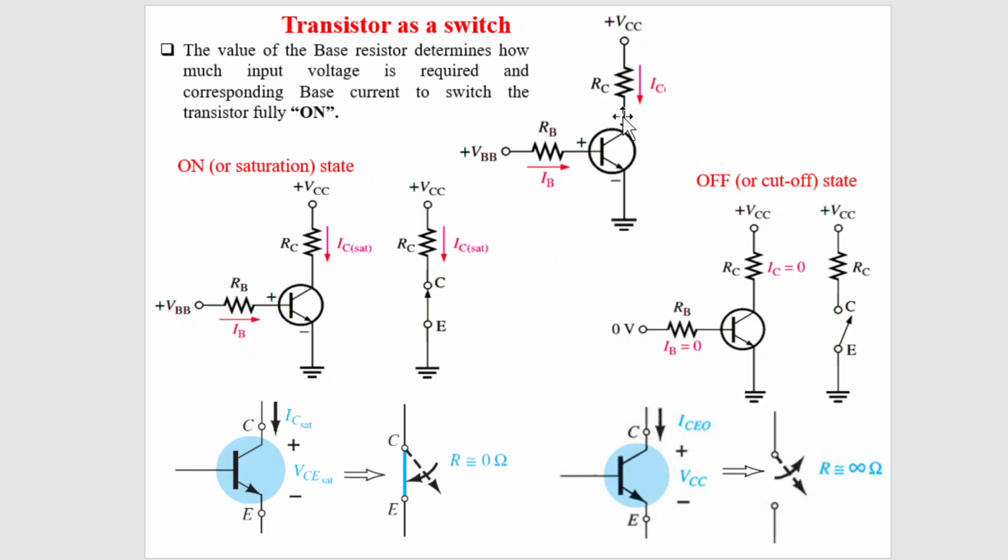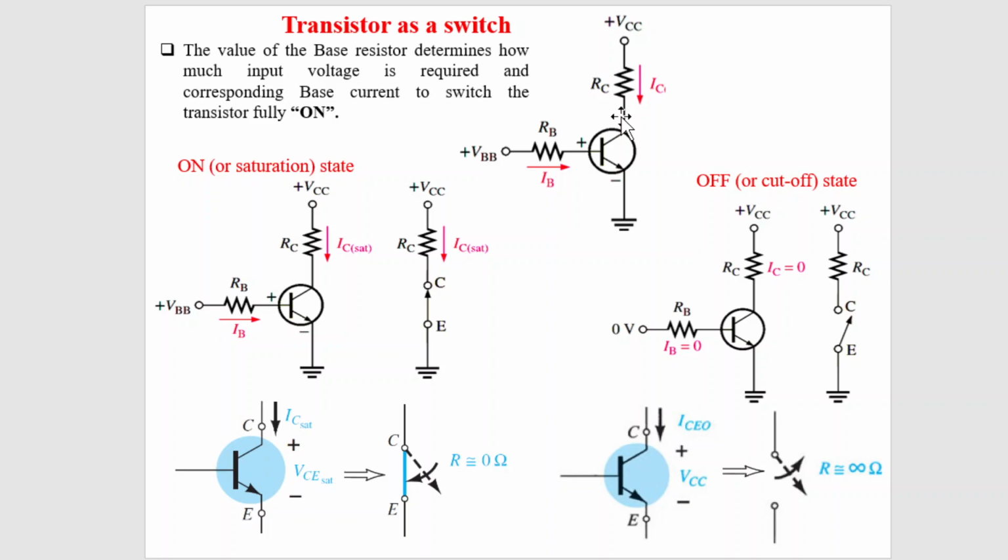So if we measure the output here, because of this base current and the maximum value of VBB, there will be a collector current, and the voltage drop will be across the resistance.